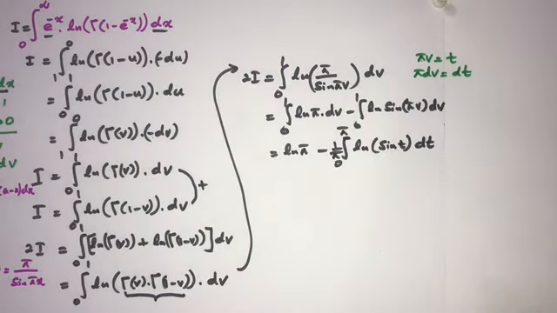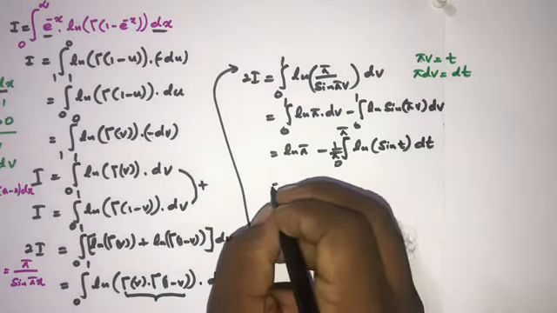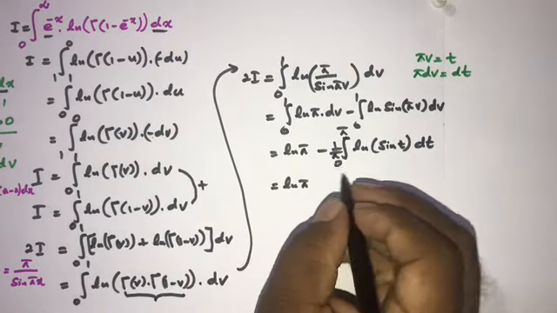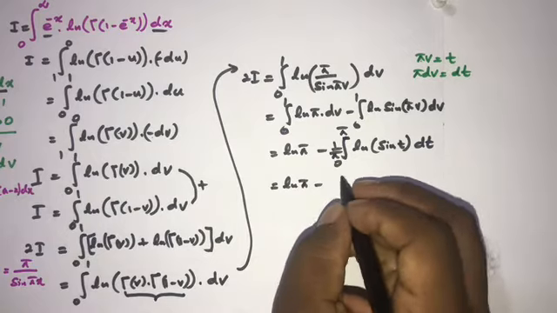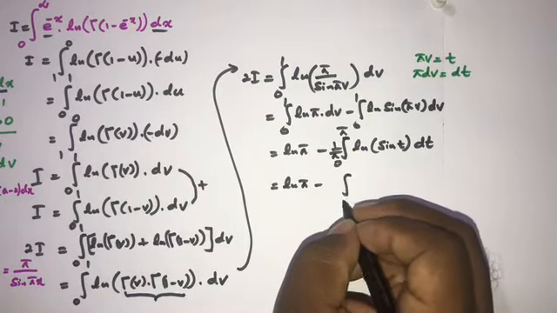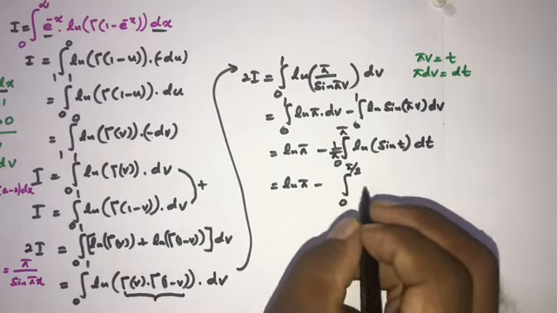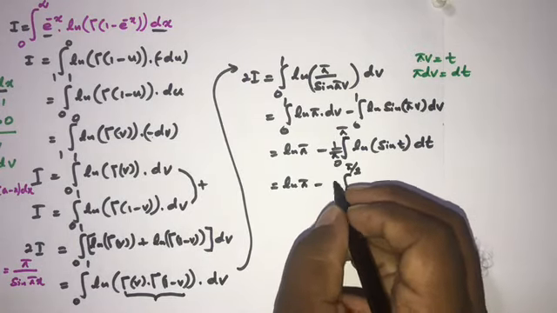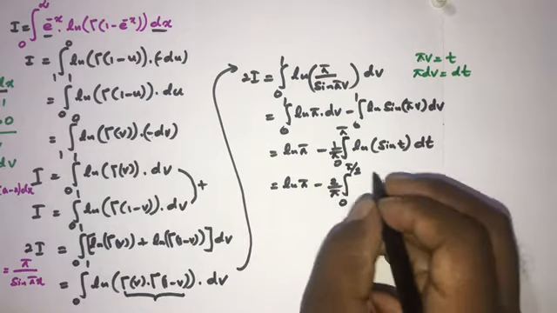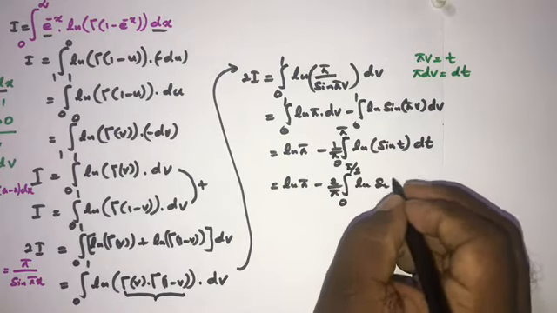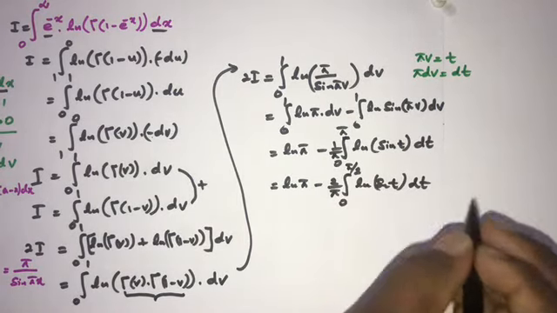Okay, now natural log of pi, here we know upper limit we can divide by 2, so we should multiply by 2, so 2 over pi, here natural log of sine of t dt.